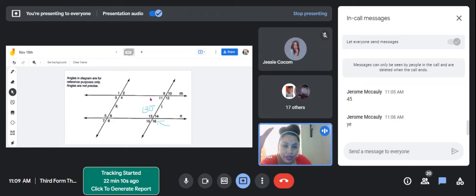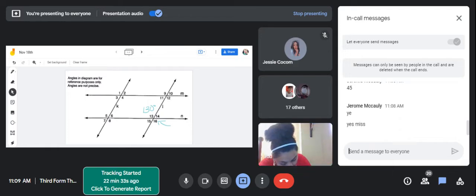For number 3, when you have 130 over here and you have to find 16, 16 is also 130, but my reason is that it is vertically opposite angles. Everybody understands? Yes, miss.